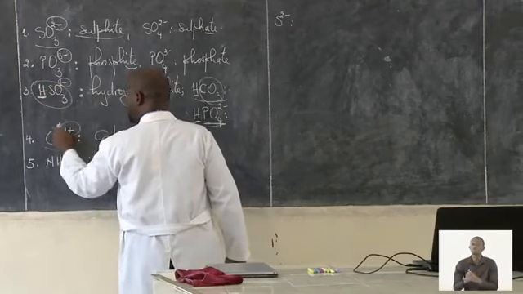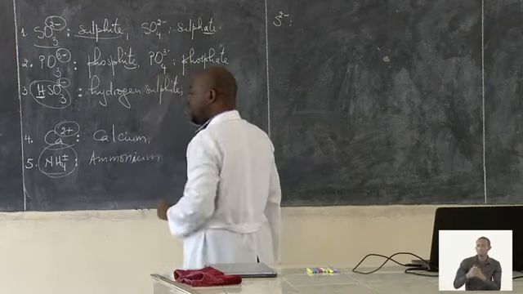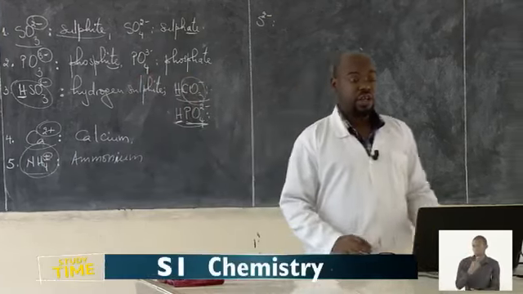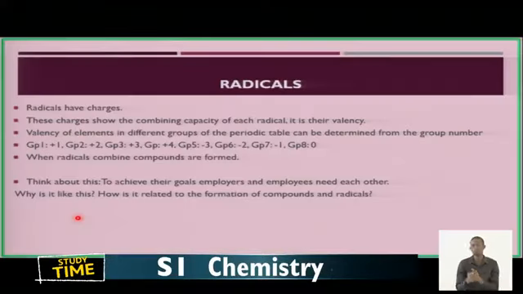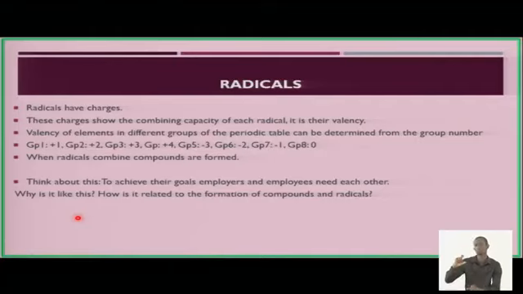On calcium, we have 2 positive. The ammonium ion, we have 1 positive. And these charges are very important when we are writing molecular formulas of compounds. Very soon we will see how to use these charges.